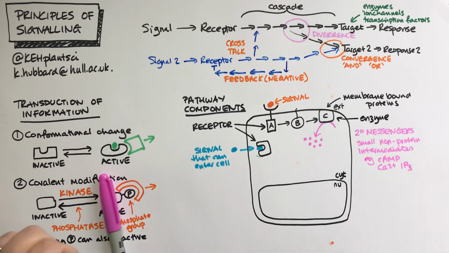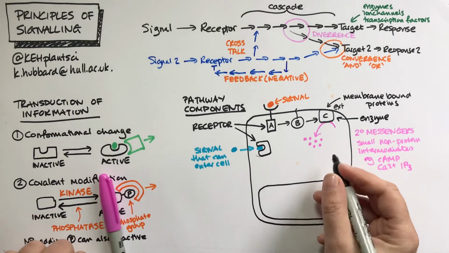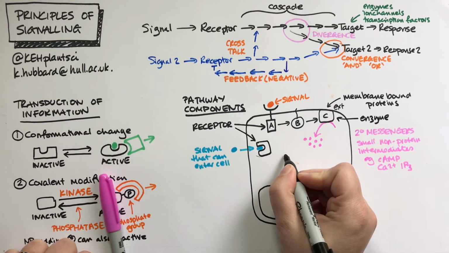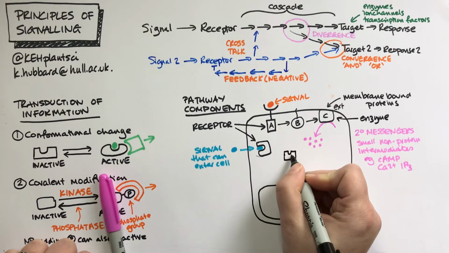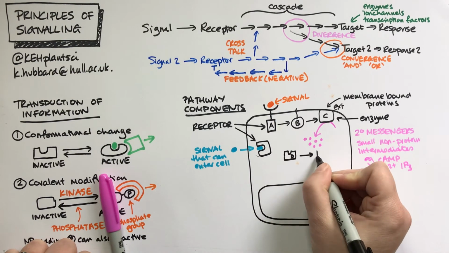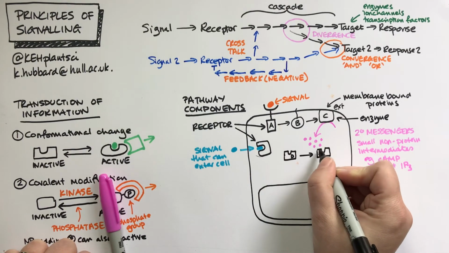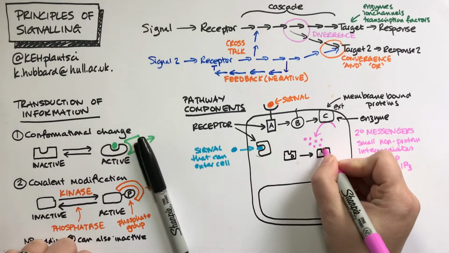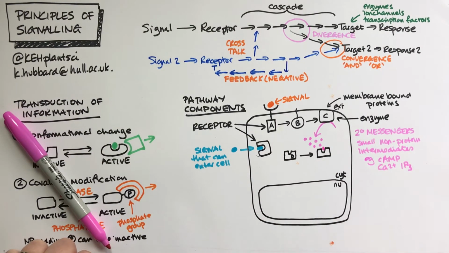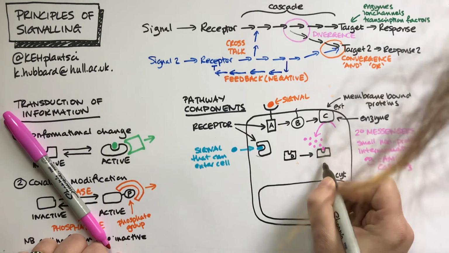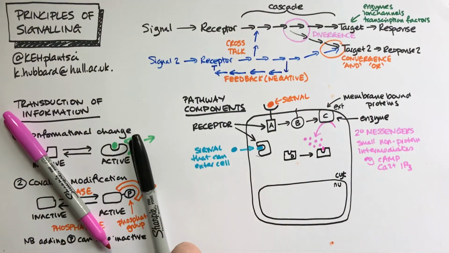Okay. Then the next thing we could have in the pathway, so let's have another protein, protein D, that then binds to one of these secondary messengers to become active. And then let's imagine that protein D is a kinase. So we might have that protein stimulates the regulation of other proteins.